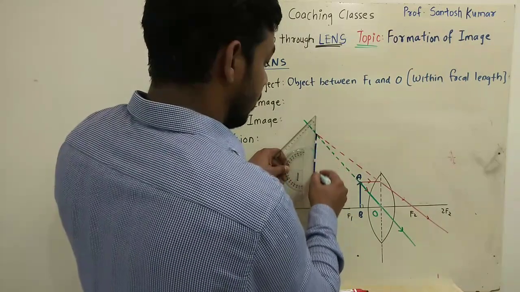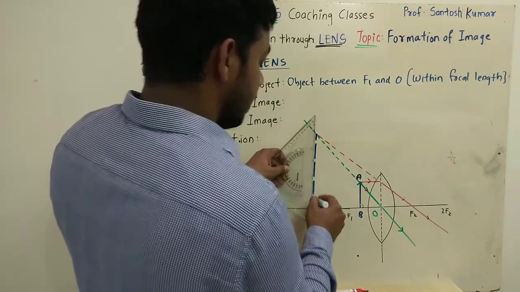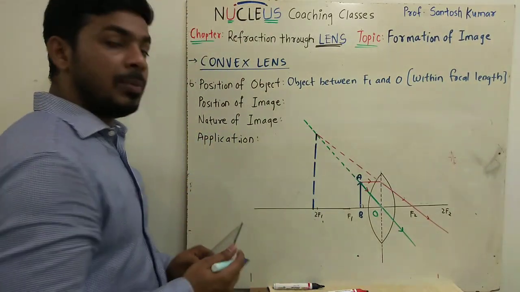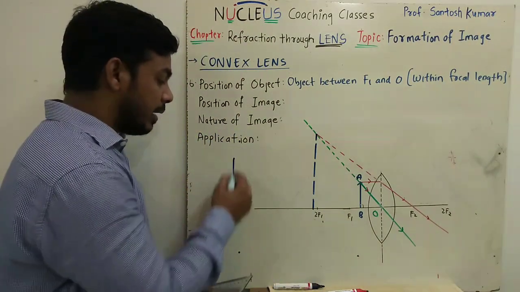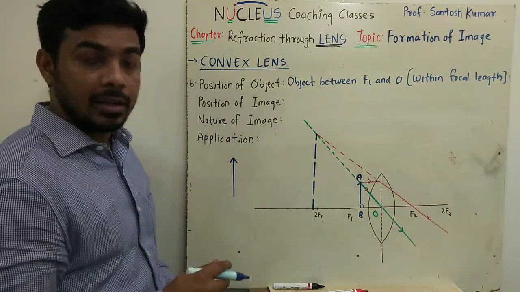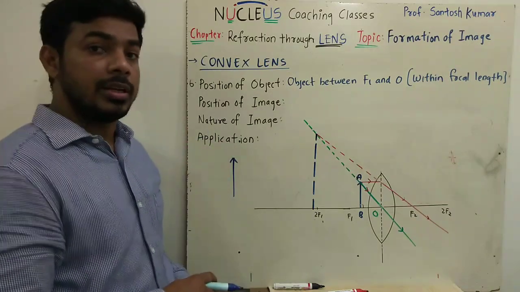Remember, the image is shown by big dotted lines, whereas in the previous cases I showed the image by a single line, because that image was the real image.